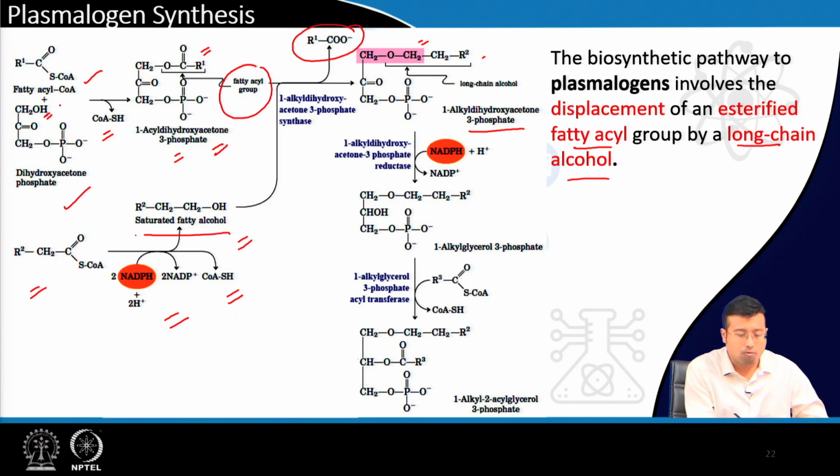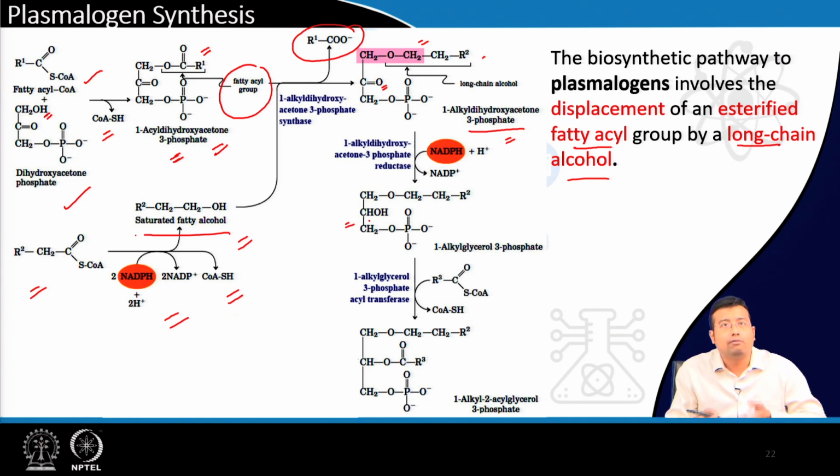So, from 1-acyl dihydroxyacetone phosphate, it is 1-alkyl dihydroxyacetone phosphate. So, if we reduce it, what will happen? This ketone group will be reduced, and now we are getting the structure of glycerol, right. So, when this is reduced, this C double bond O will become CHOH.